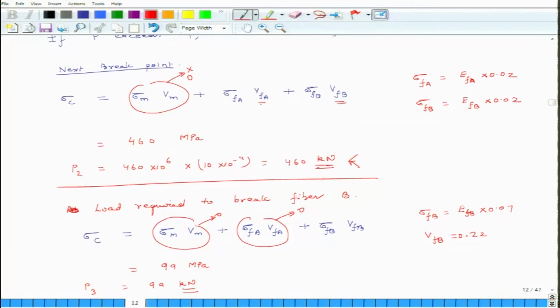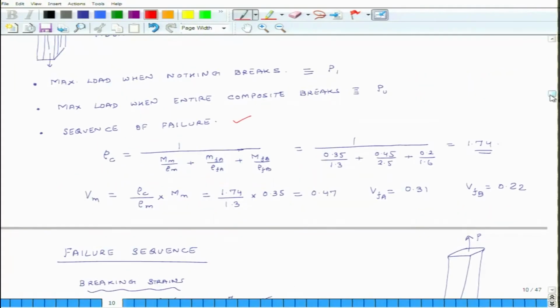So, fiber B cannot handle all this extra load which it gets. So, the point I am trying to make is, once matrix breaks, it transfers the load to A and B, and that load can be taken by fibers. But once fiber B breaks, then there is complete failure. So, you have 1.7% failure, more load, 2% failure, and then all of a sudden 7% strain gets generated and everything fails. So, the answer to this first question: what is the maximum load when nothing breaks?